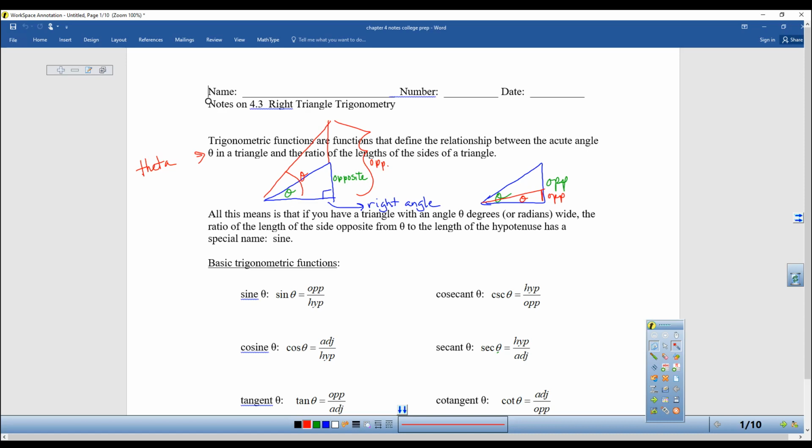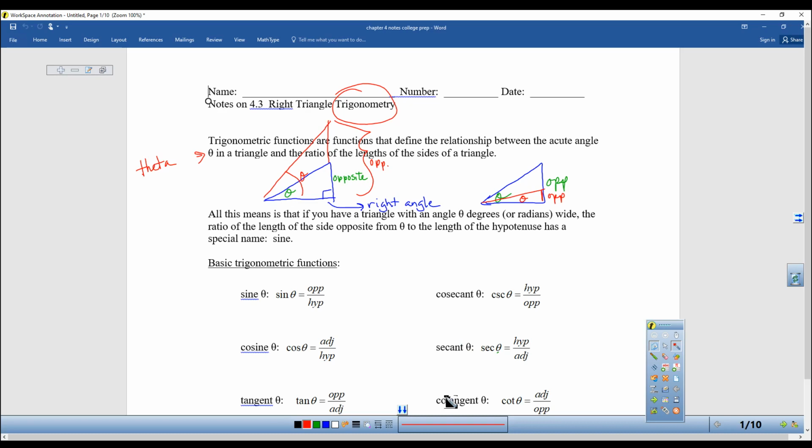And obviously the other side changed too. The hypotenuse changed also. So this is the study of how the angle relates to the sides is what we call trigonometry. So there are names given to all these relationships.